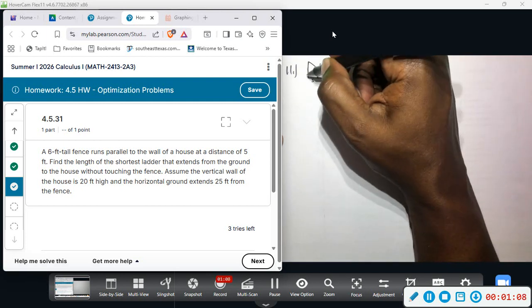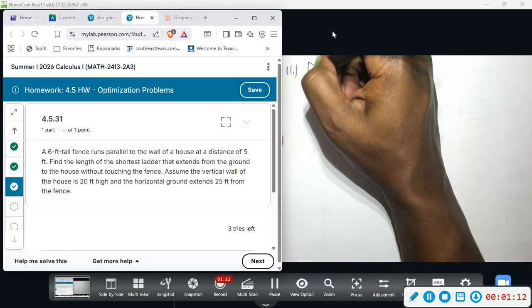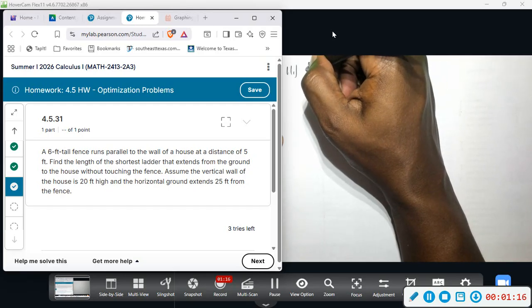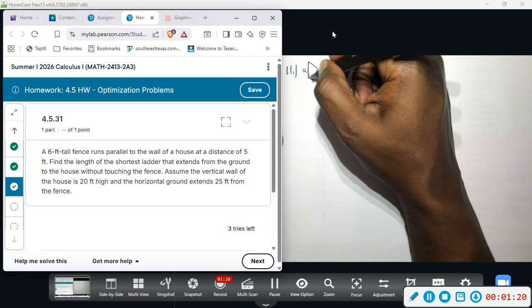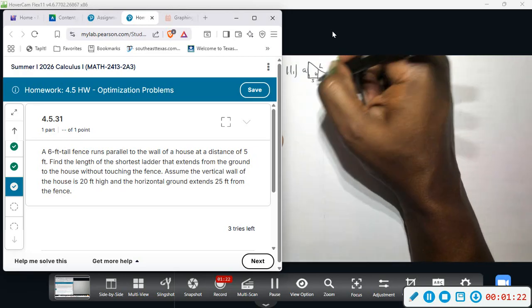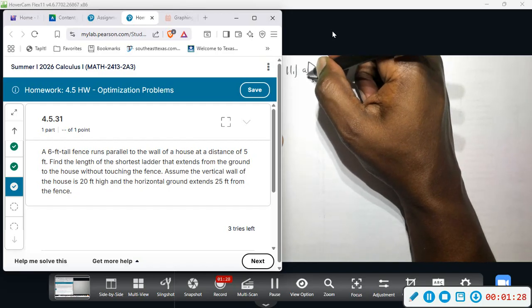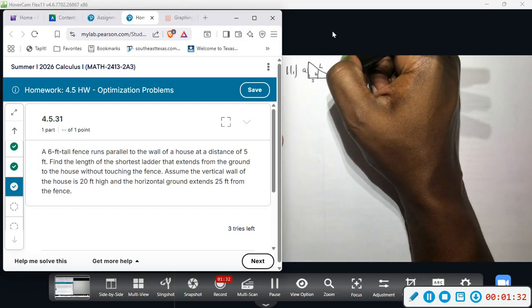What we have is a right triangle, so we're going to need the Pythagorean theorem. We don't know how high the ladder goes up the side of the house, so we'll call that A. A squared plus B squared. Now, the B at the bottom is broken into two pieces: the distance from the house to the fence, and then from the fence to the ground where the ladder meets.